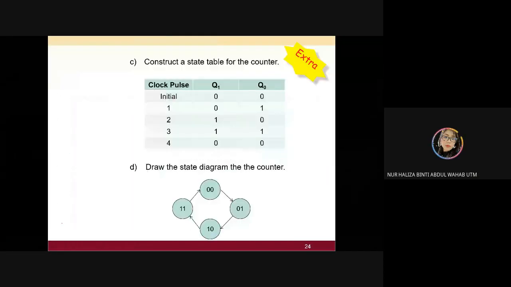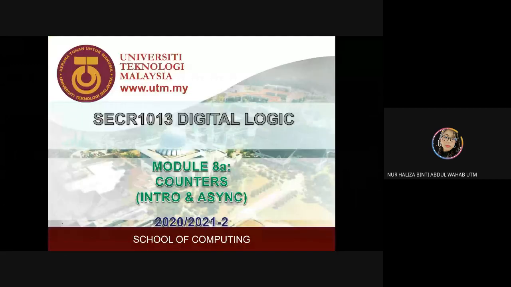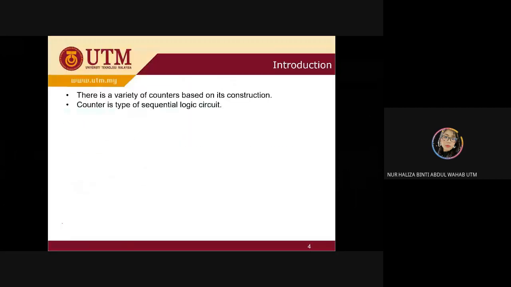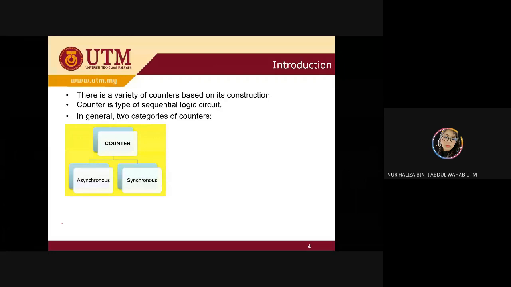Okay, before we proceed with our small subtopic there, let me recap a bit what we have gone through yesterday, especially for the counter. We just discussed yesterday about counter. There is asynchronous and also synchronized, and the big differentiation between each other, as I mentioned yesterday, is about the clock.